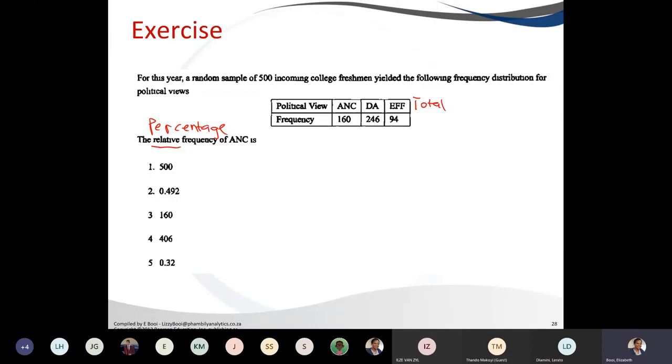So we say 160 plus 246 plus 94 equals 500. Anyway, I didn't even have to calculate it because they told me the random sample is 500. I should have known that the total is 500.